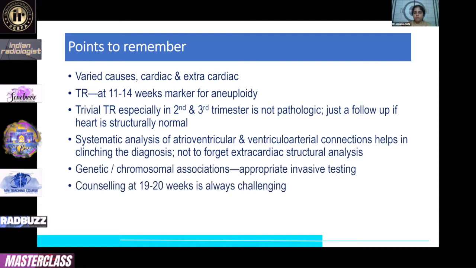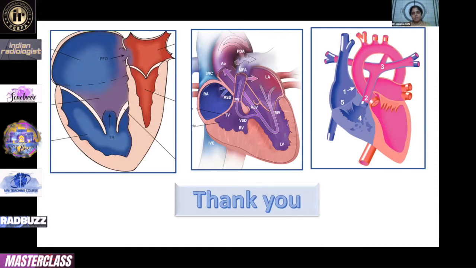Of course, you have to always counsel the patients about genetic and chromosomal associations and appropriate invasive testing. And as we've been discussing earlier, counseling at 19 to 20 weeks is always challenging and different than counseling towards term when you are following up these patients in terms of delivery. Thank you.